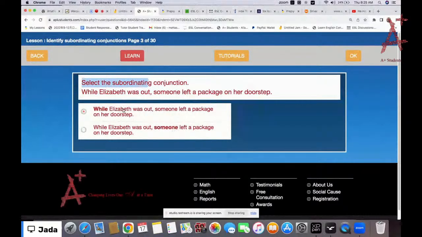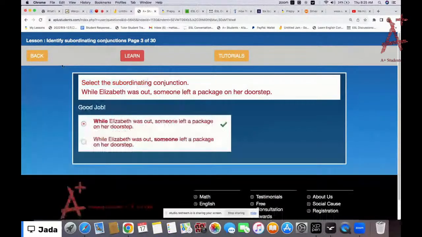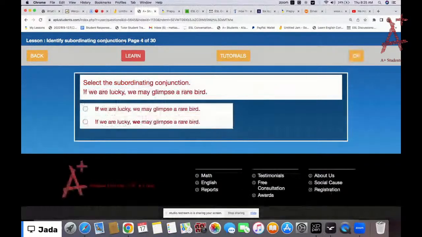So maybe you can be confused and pick someone. It is wrong, but while is correct. And then if we are lucky, we may glimpse a rare bird. So if.